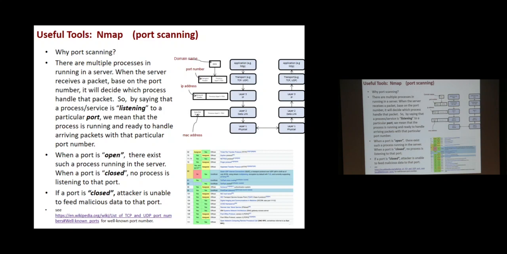Yeah. There are a few services like email and printer services and so on. They have predetermined port numbers. So here is some example here. You can go to this table to look at what services are provided by which port.